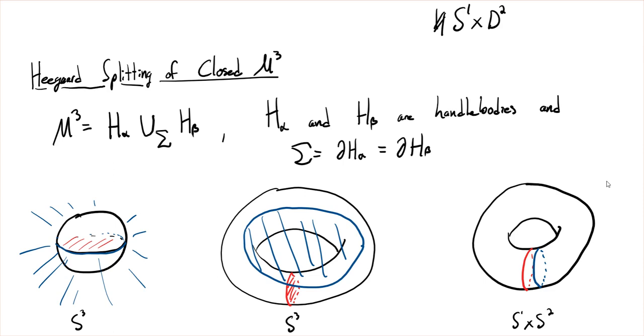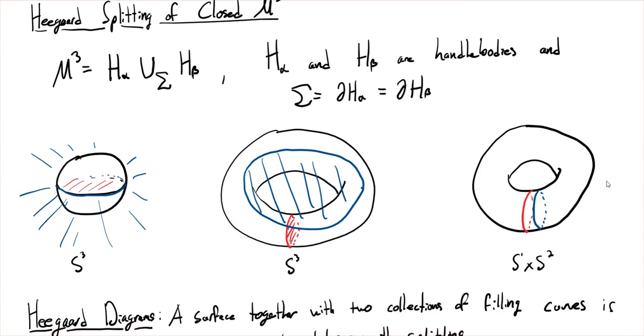Here we have some basic examples of Heegaard splittings. These first two pictures demonstrate the genus 0 and genus 1 splittings of S3. The left one shows S3 as a union of two solid balls, one being compact and the other using the point at infinity in R3. Similarly, the middle picture shows S3 as a union of two solid tori.